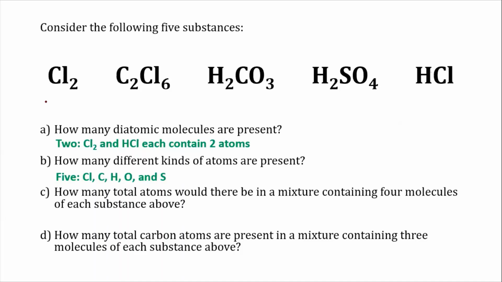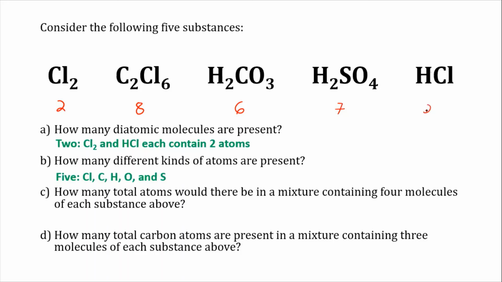So the way I would go about this is count the number of atoms in each substance. So we have 2 atoms in chlorine. We have 8 atoms in C2Cl6. We have 2 hydrogens plus 1 carbon plus 3 oxygens, so we have 6 atoms in H2CO3. In H2SO4, we have 2 hydrogens plus 1 sulfur plus 4 oxygens, 7.